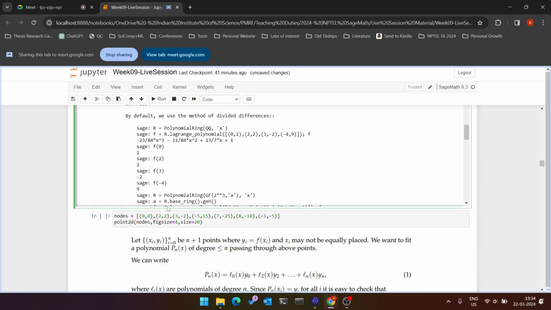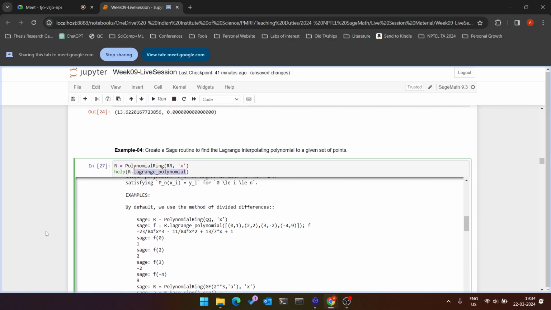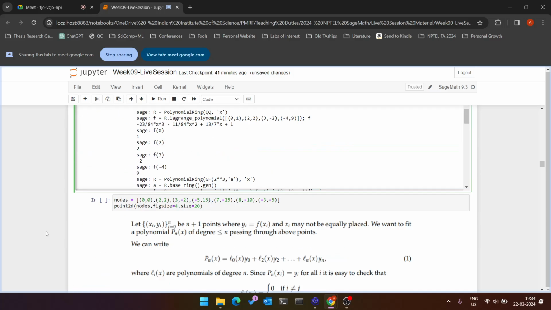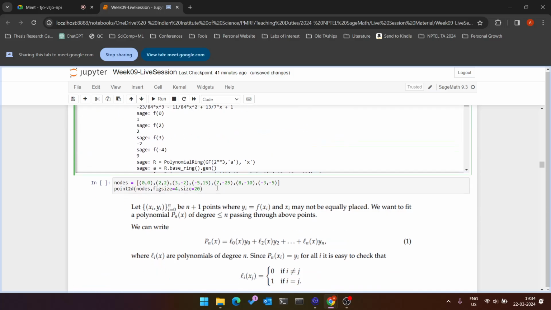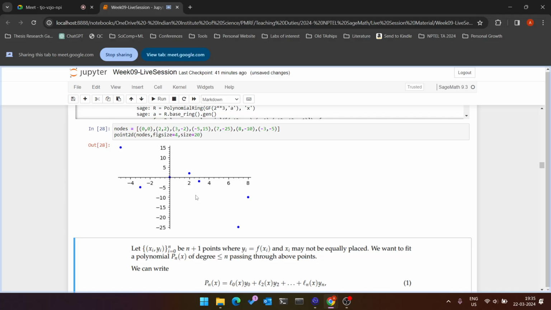But here we have been asked to do our own thing. So suppose I choose a set of points. These have been chosen randomly, and they are not even ordered, as you can see. And if I just print them out on an x comma y plot, I see that the polynomial looks something like this. Right.